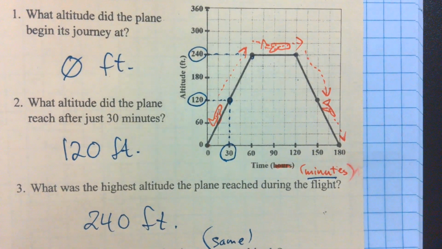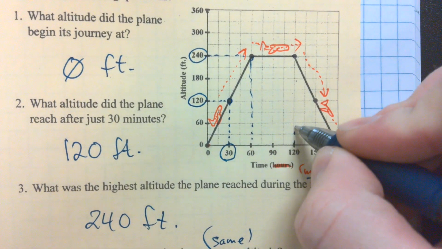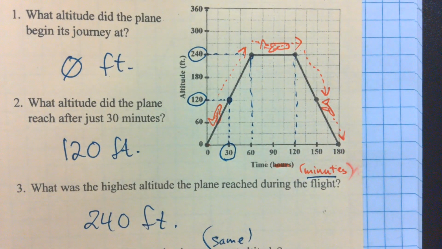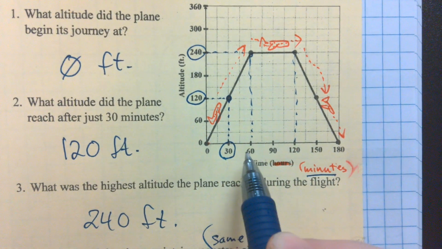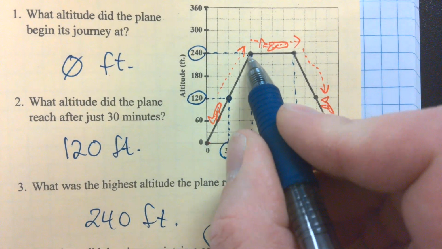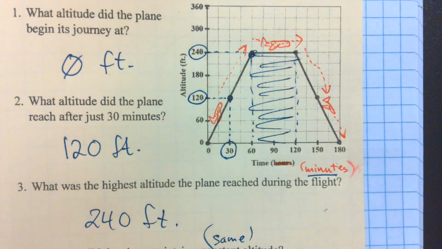They got to 240 feet at 60 minutes, and then they ended it at 120 minutes, so 60 plus 60 is... Did you see it? It's 1 hour. There we go. Yeah, 1 hour, right? If we start, we hit 240, that's as high as we're going to go. So we're looking for basically how long is this section of the graph.